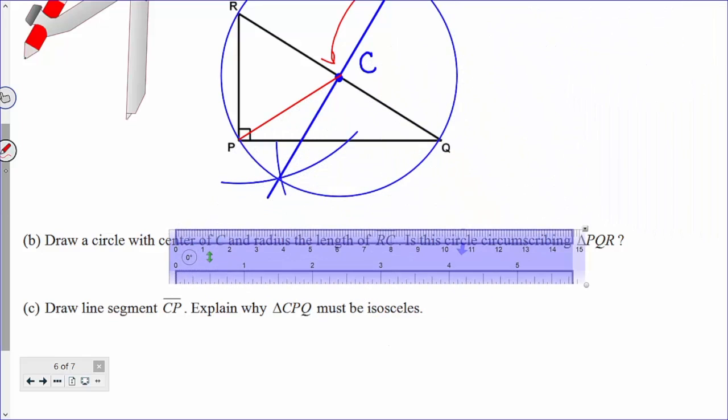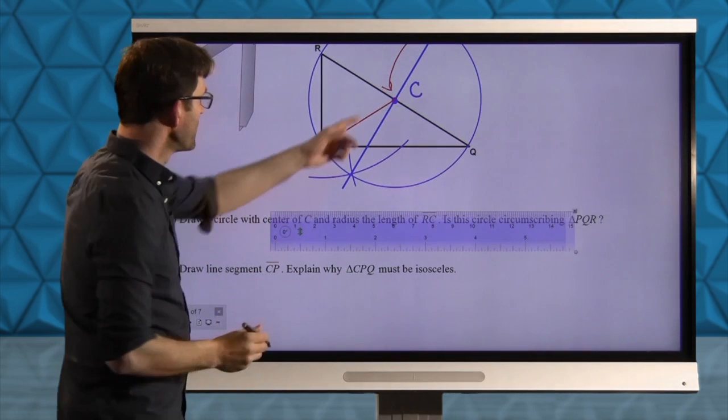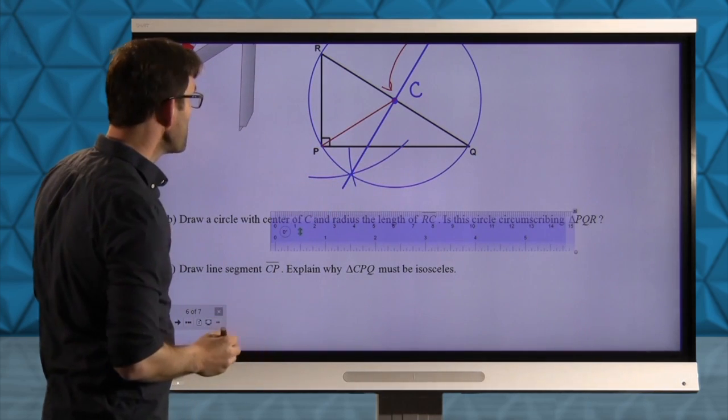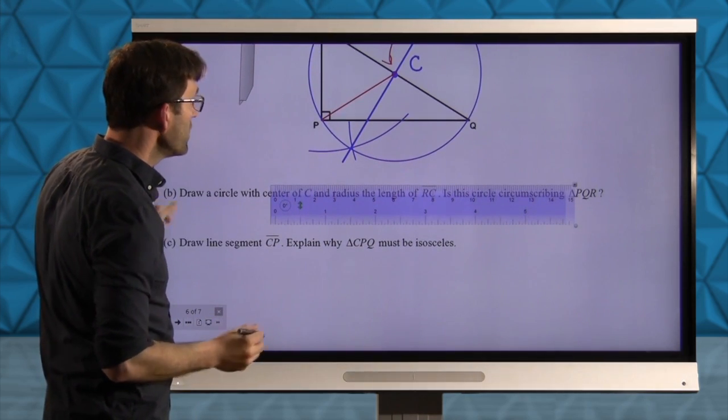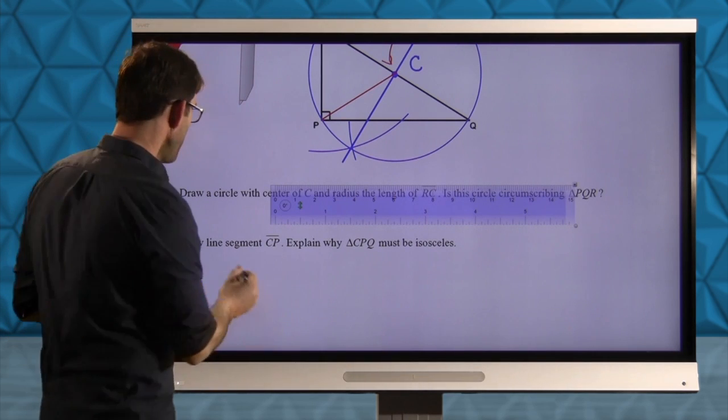And then it asks us to explain why triangle CPQ must be isosceles. Well, it's pretty simple, right?